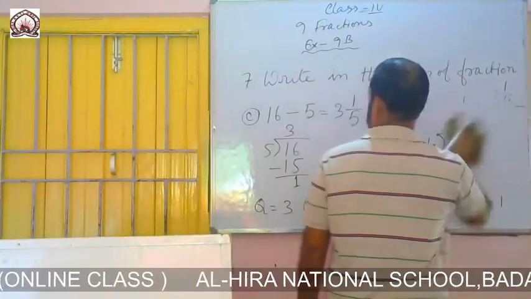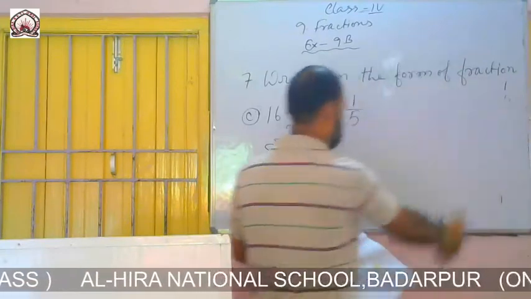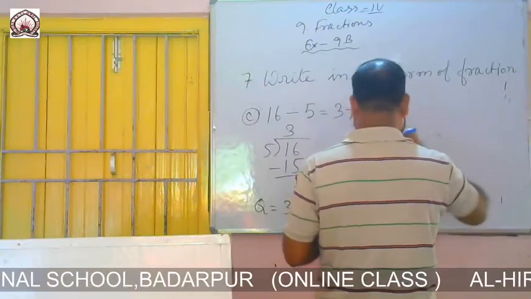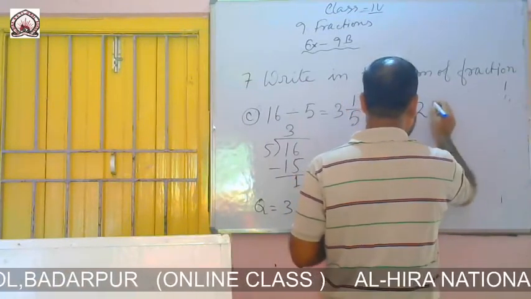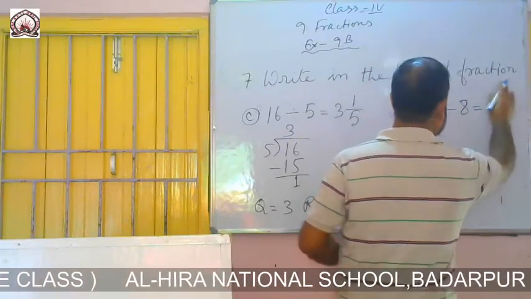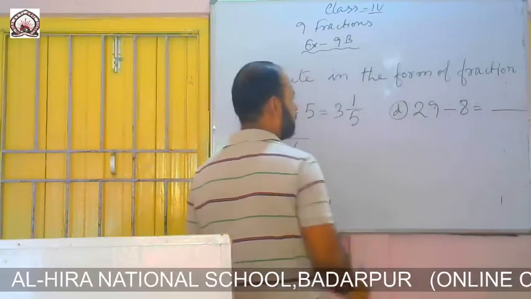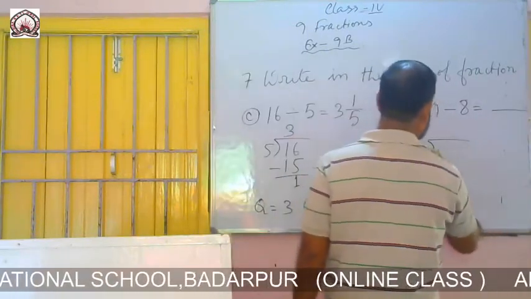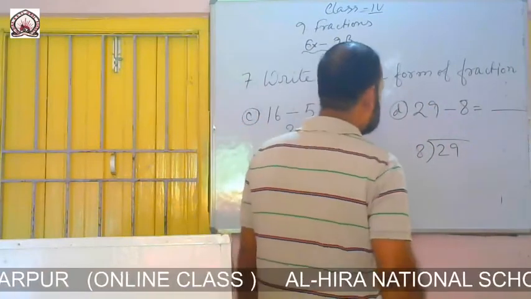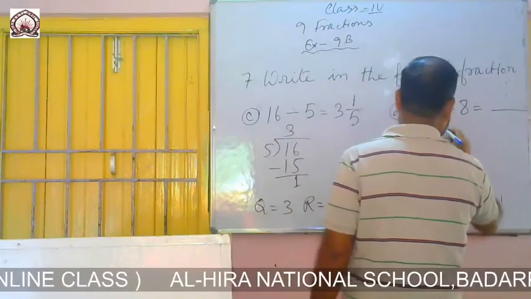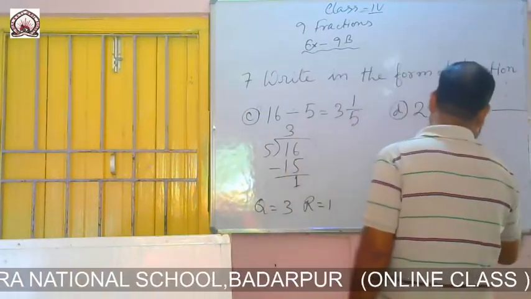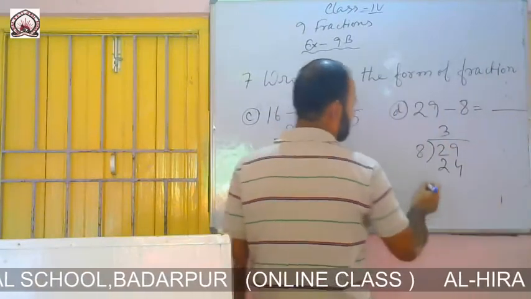Next question number D. Question number D, 29 divide 8 equal to dash. So first we do divide. We know 8 3 jar 24.